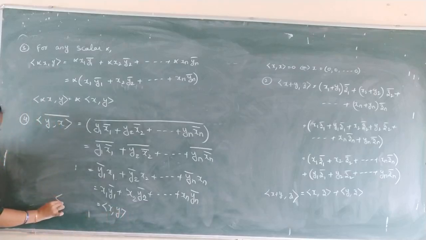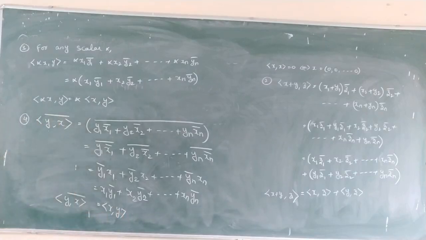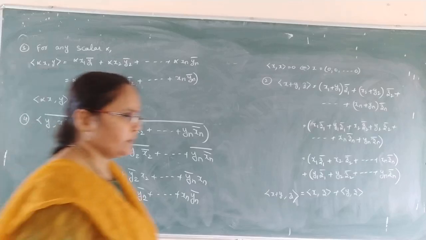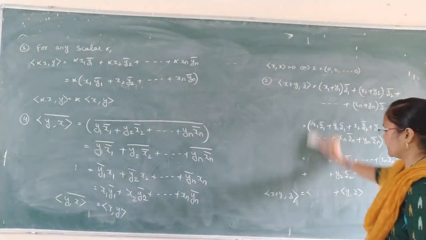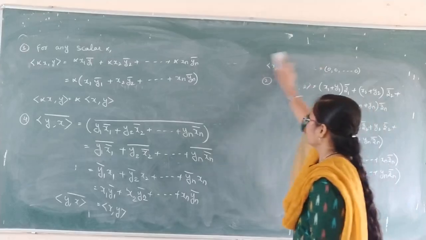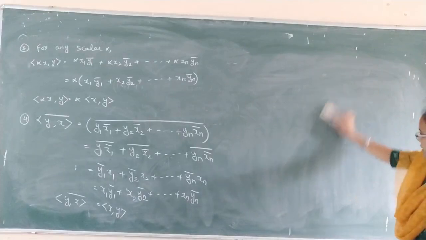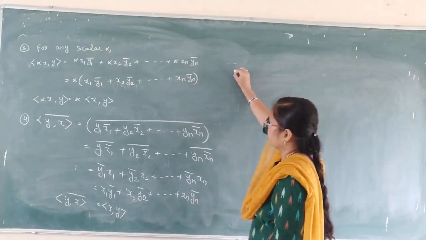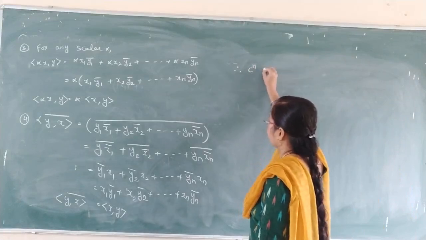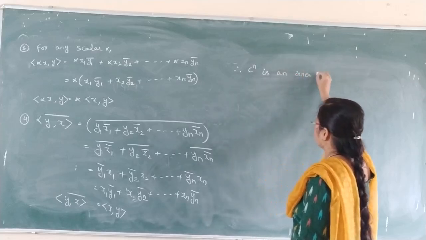So the inner product of y comma x whole bar is equal to the inner product of x comma y. So all 4 inner product space conditions are satisfied, so in this example the unitary space C power n is clearly an inner product space. Therefore C power n is an inner product space.